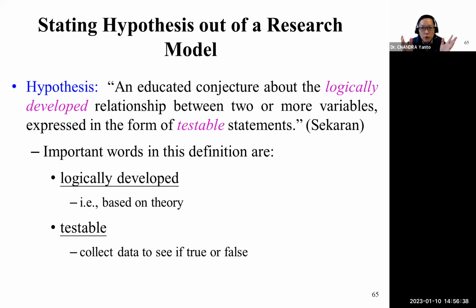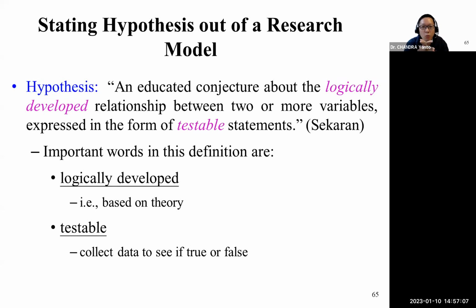It means that you need to show that there is a prior relationship between two or more variables. For example, if I'm studying something about being creative leading to a better performing company, then I need to find some literature to support this, that there is a relationship between creativity in the company and the company's performance, right?